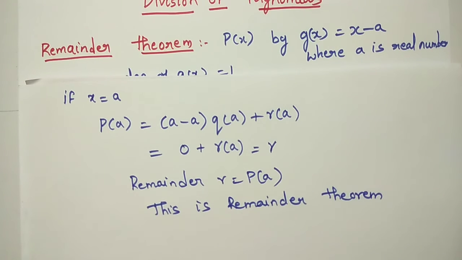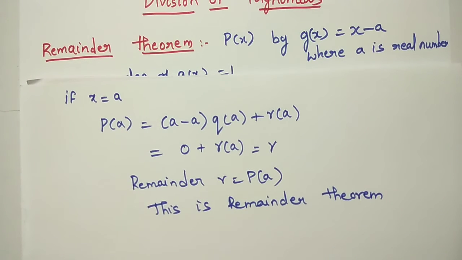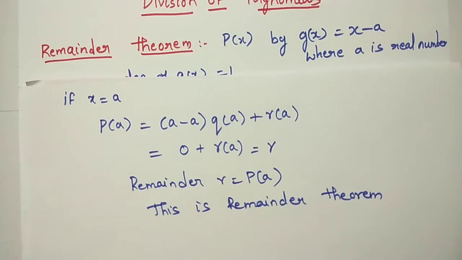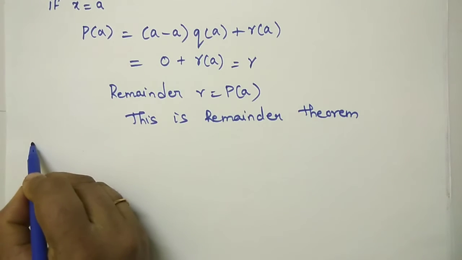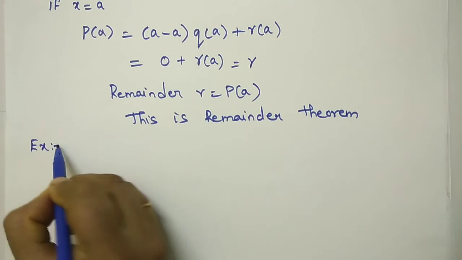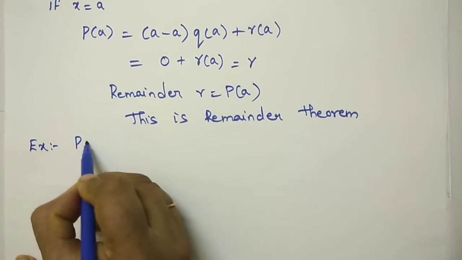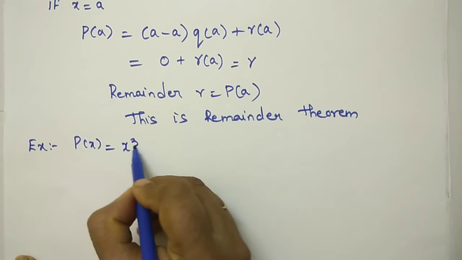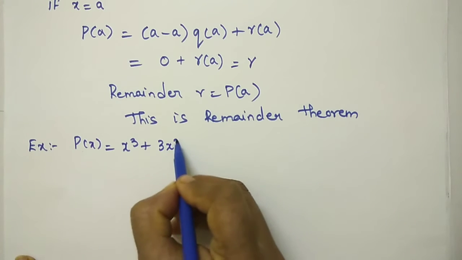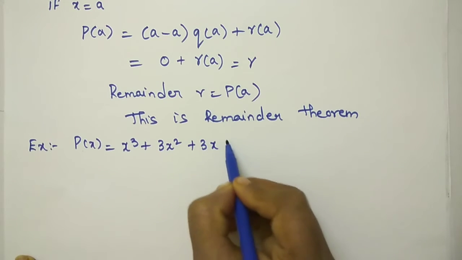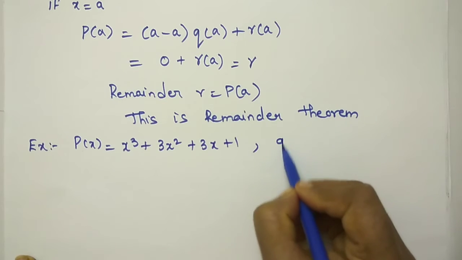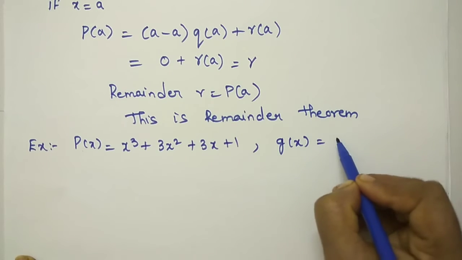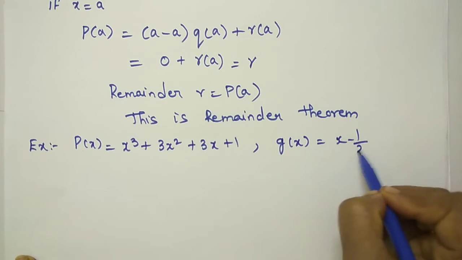Now let us take an example and, using the remainder theorem, find the remainder. Suppose p of x is equal to x cube plus 3x square plus 3x plus 1 and g of x is equal to x minus 1 by 2.